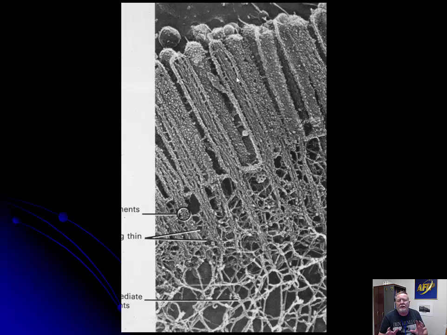It varies between filamentous forms of actin and the globular forms of actin, and the body of the microvilli are filled with these vertically oriented actin filaments, which go down through the microvilli, and you can see how much of that is in the cytoplasm.